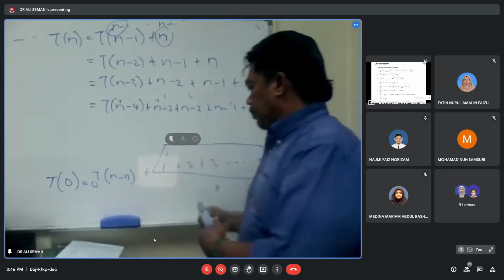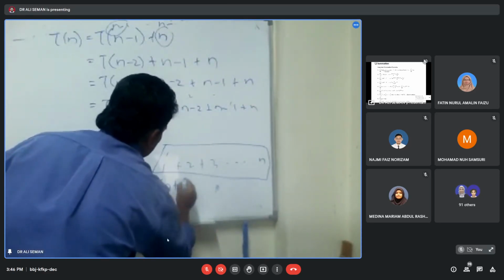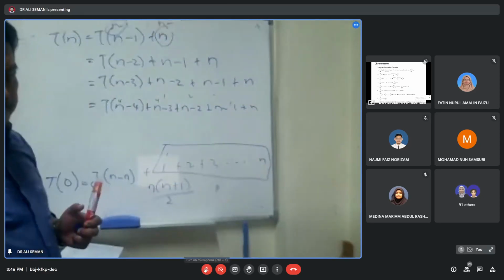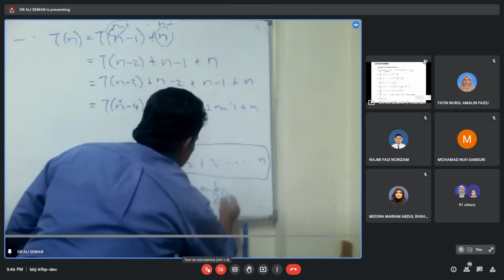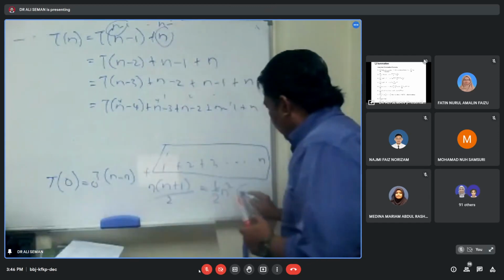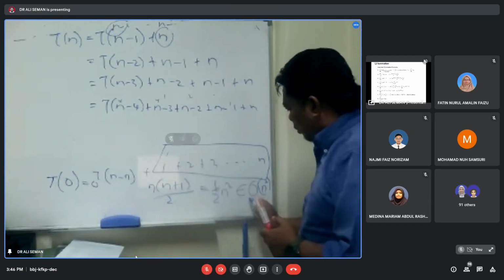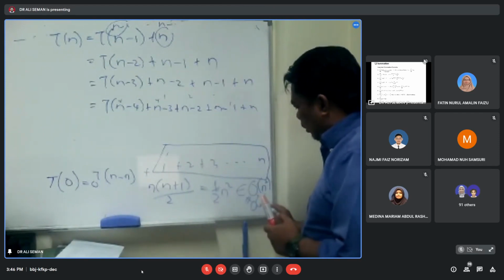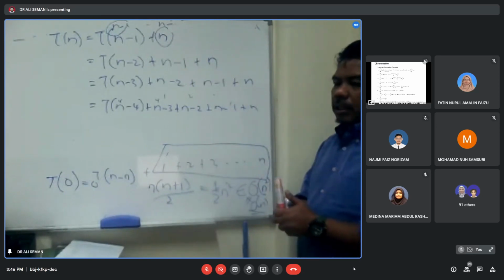So this becomes basically N times N plus 1 over 2, right? Yes. O equal to half N squared. Element of Big O of N squared. So we can conclude this. Or simply N squared for this. This is the upper bound. Still remember the upper bound?